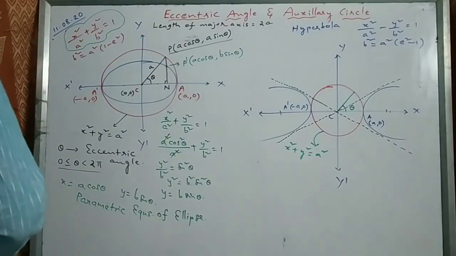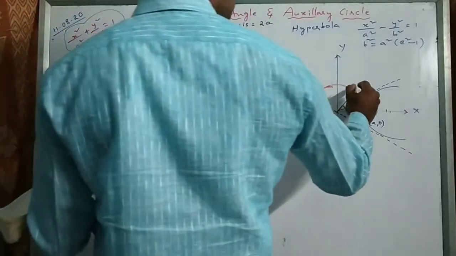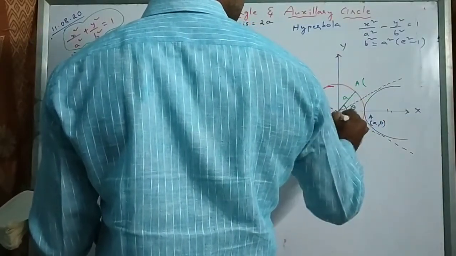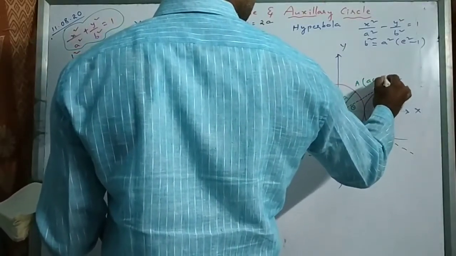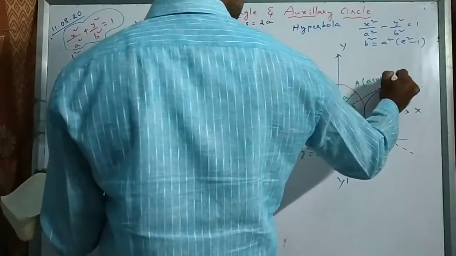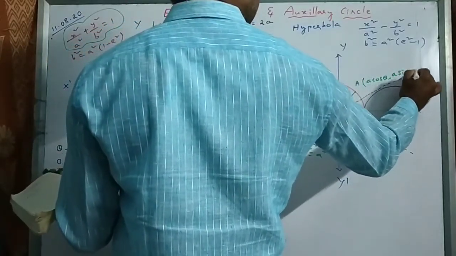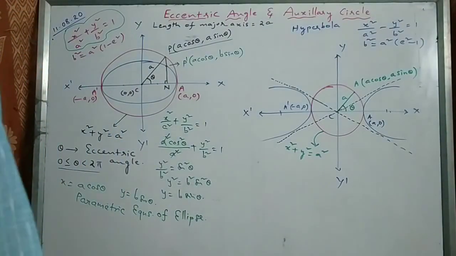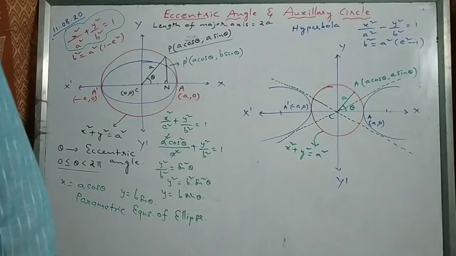So what are the coordinates of this point? Let me take a. So this point, this radius is a. So a cos theta comma a sin theta, same, because it is on the circle, a cos theta comma a sin theta, parametric coordinates.